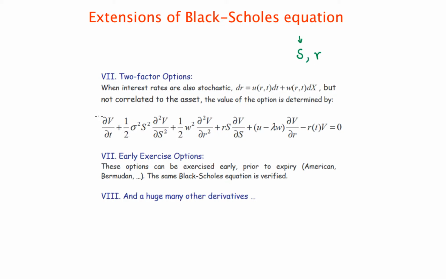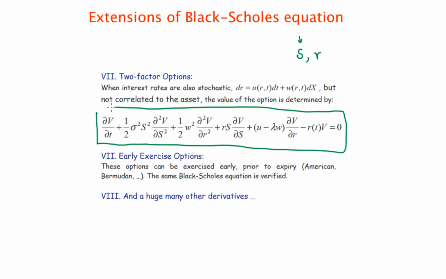And it can be proved that the new Black-Scholes equation will be written in this way, where V will depend on S, on R, and on time. Therefore, in the Black-Scholes equation we have the second order derivative of V with respect to R, and the first order derivative of V with respect to R. So it will be like a three-dimensional equation because it will depend on three independent variables.